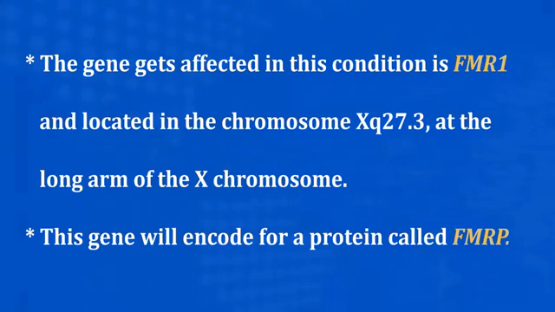This gene encodes a protein called FMRP. The protein FMRP plays a vital role in the production of some other proteins and mainly helps in the formation of synapses.